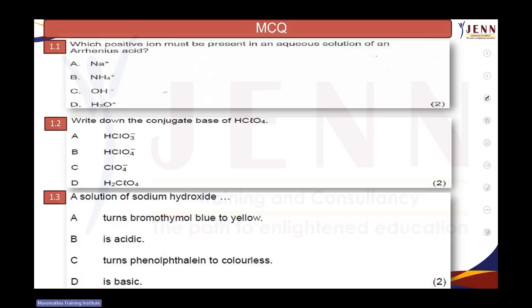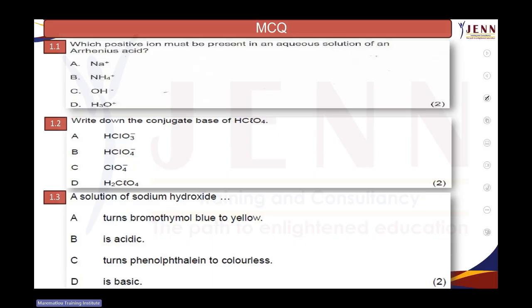So here are some of the multiple choice questions. This one we have already answered. 1.2 we have already answered, but 1.1 says, which positive ion must be present in an aqueous solution of an Arrhenius acid? And the answer there would be the definition of an acid.